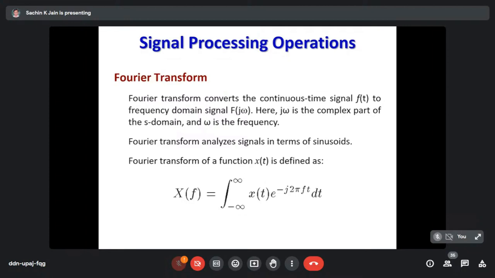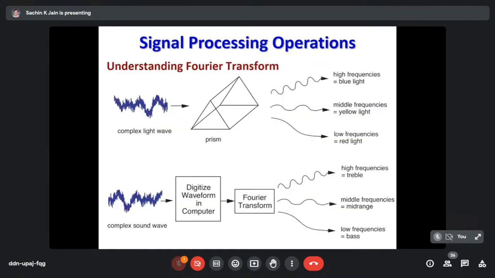I will not touch upon the mathematics part because I hope that you all know about it. I will just discuss the visualized form of the Fourier transform. Just like a complex white light signal, when passed through a prism, translates into high frequency and low frequency components, we get a spectrum from the prism, a rainbow of 7 colors, because it consists of all these 7 colors.